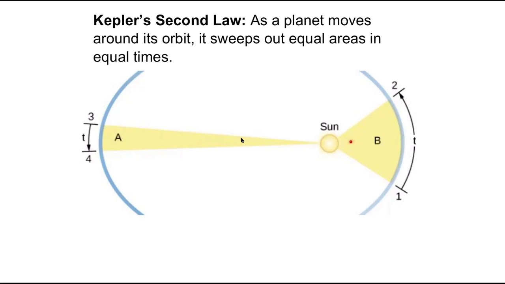When a planet is closer to the sun, this imaginary string that's drawn between the sun and the planet is shorter than that imaginary string when it's on this side of the sun.